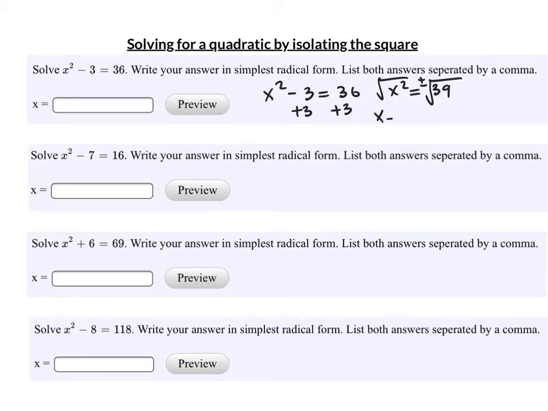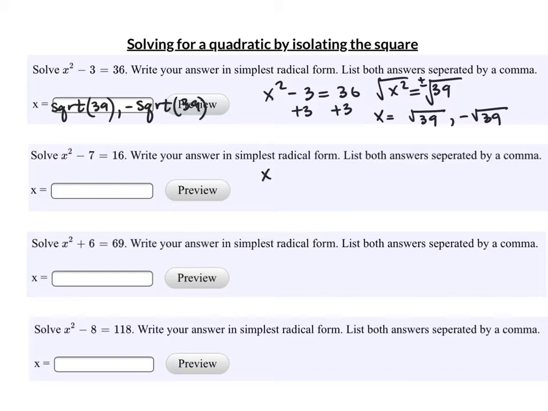And we see that x is positive square root of 39 and negative square root of 39. Now, 39 is 3 times 13, which are both prime. There are no perfect squares in 39. So in WAMAP, we'll write the square root of 39, comma, negative square root of 39.